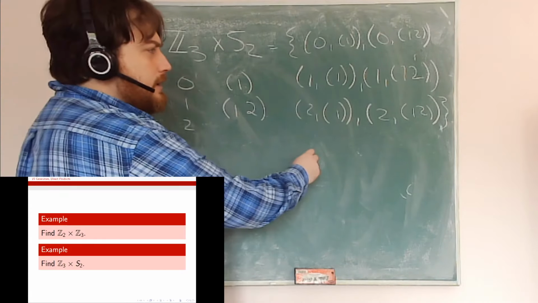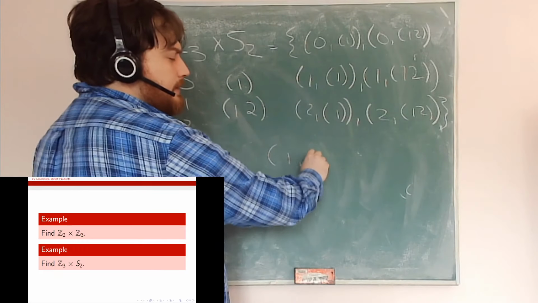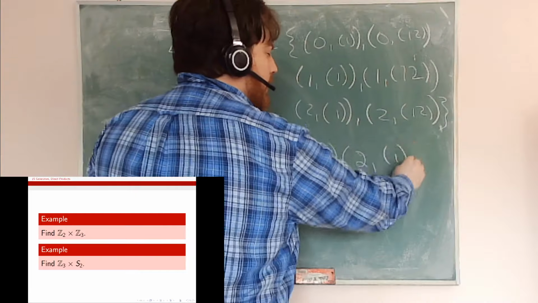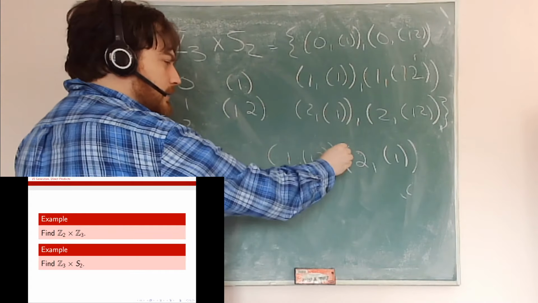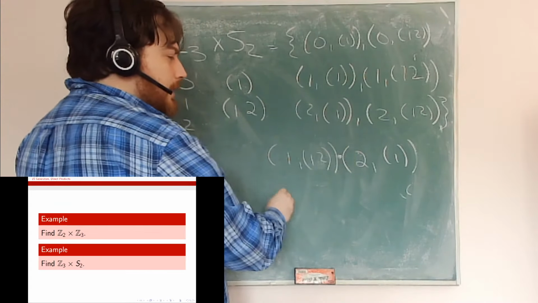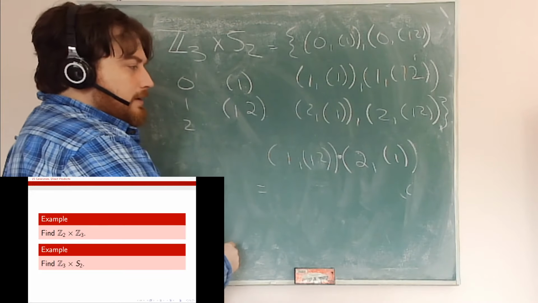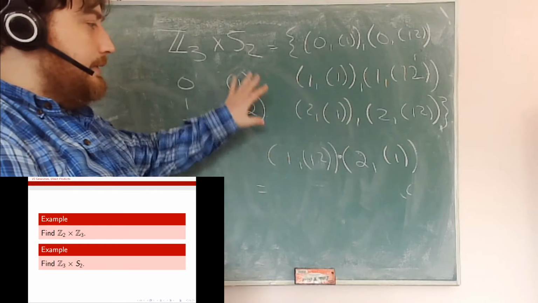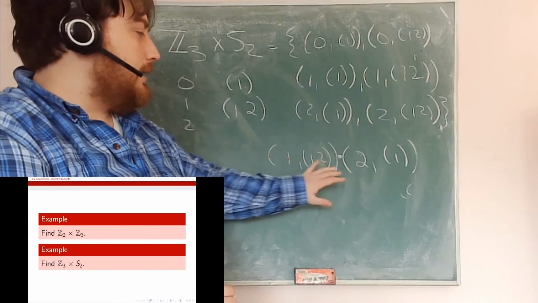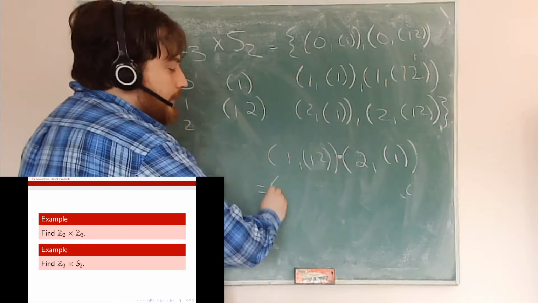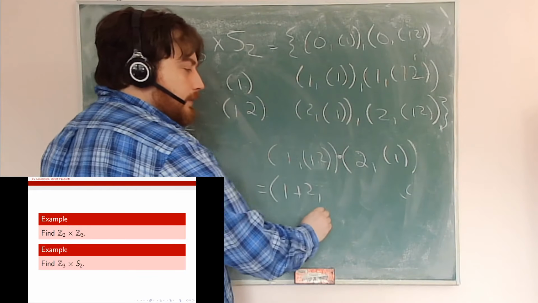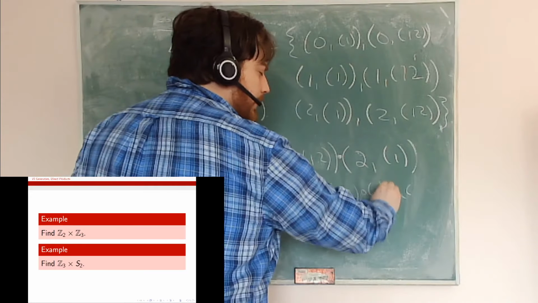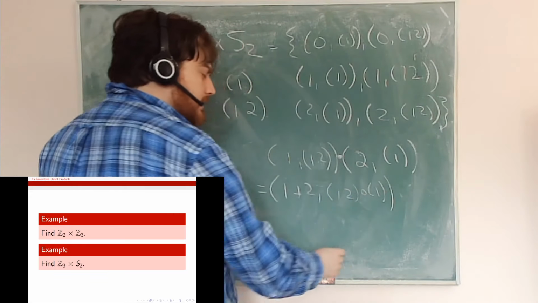And then let's just look at one example. Let's take 1, (1 2) composed with 2, identity, or the operation here. Now, the thing here is that the operations are actually different between these two sets. So this is actually addition. We're going to get 1 plus 2 in the first case, but we're going to get (1 2) composed with the identity in the second case.